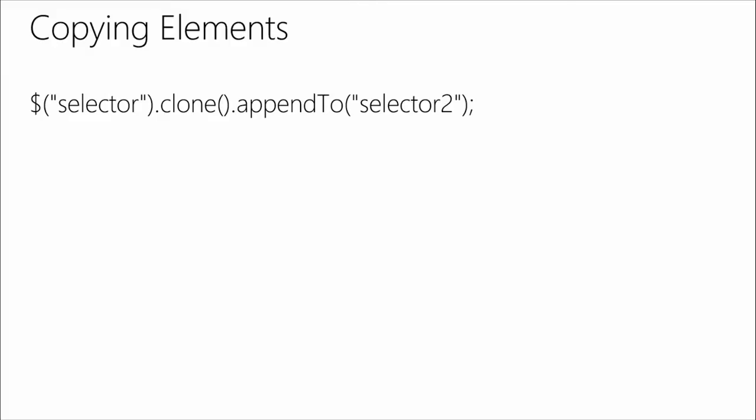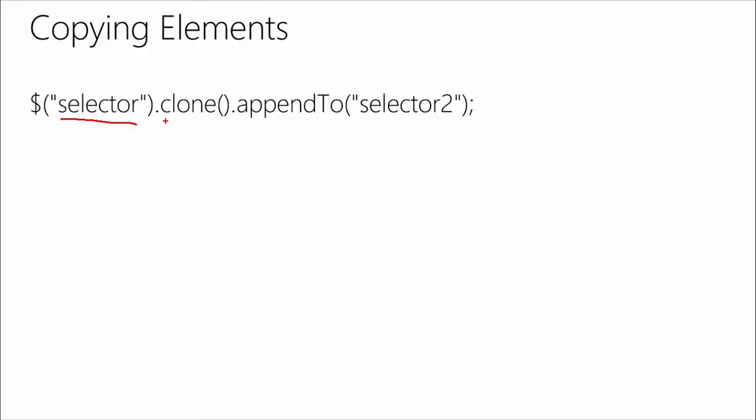If we want to go on a little bit more, things that we would need to do with DOM manipulation would be, say, copying elements as well. So we would modify elements, we would append and prepend or insert before and after, but we also want to copy elements. Again, everything starts with the selector.